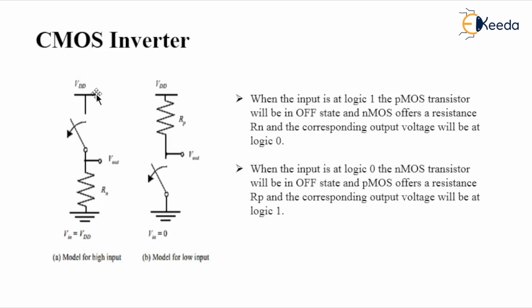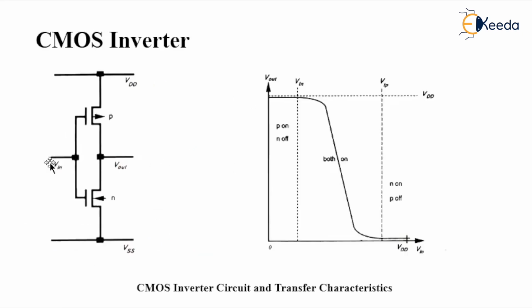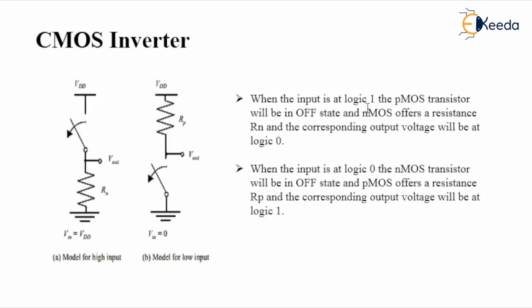Therefore VDD is not going to reach here, because there is no contact between VDD and Vout. Is it clear to you? I repeat, when I apply Vin equal to VDD, VDD meaning plus 5 volts or logic 1, the PMOS transistor, this one here, will be turned off.